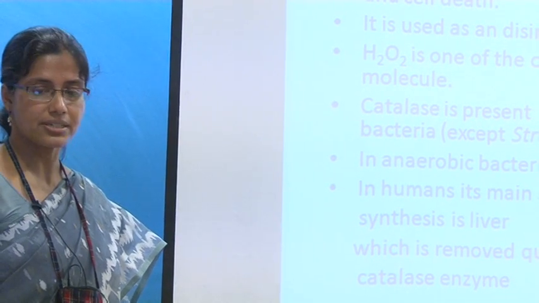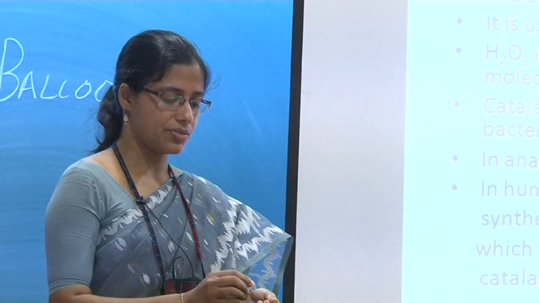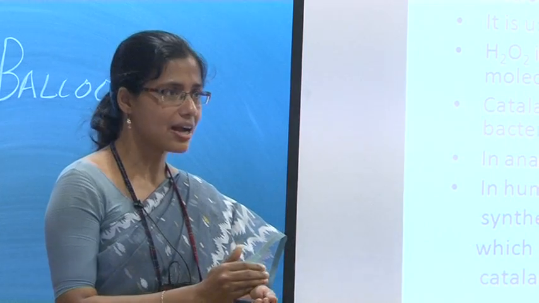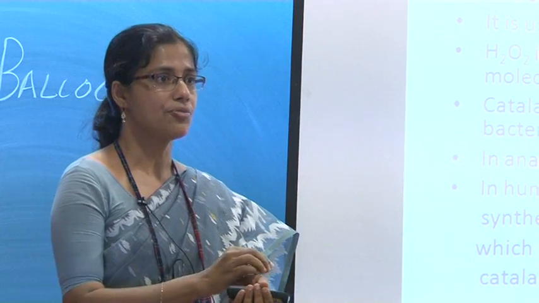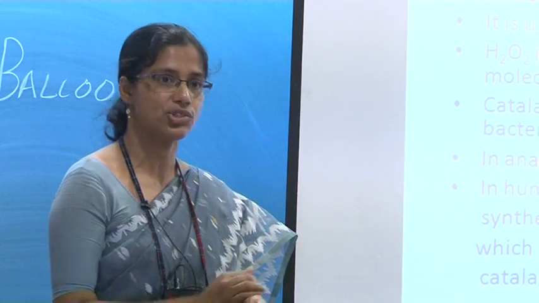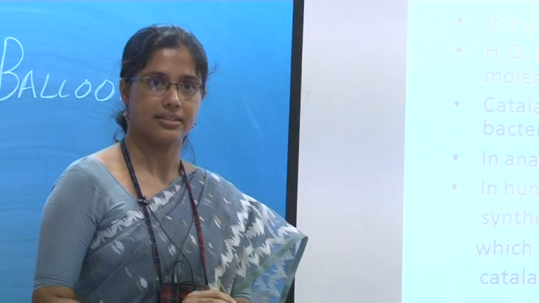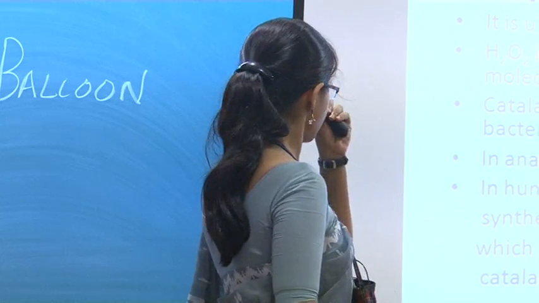Because it generates hydroxyl radicals, which affect the site of infection. When you add hydrogen peroxide to the site of infection topically, it will remove the cells because it will damage the DNA, and that will result in cell death. So it is used as a disinfectant.